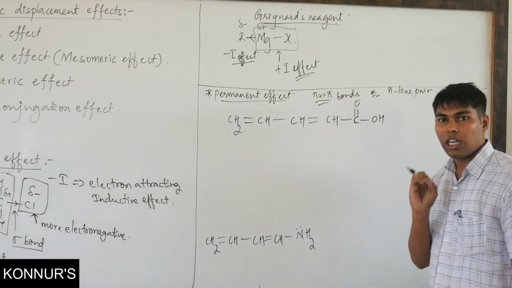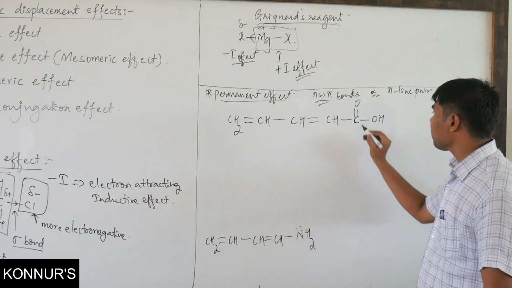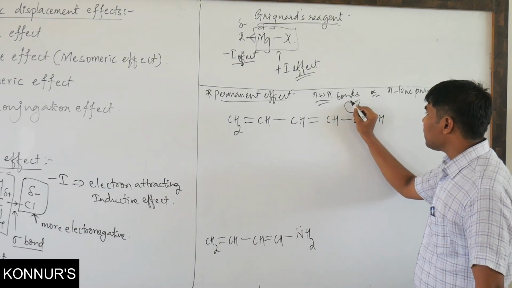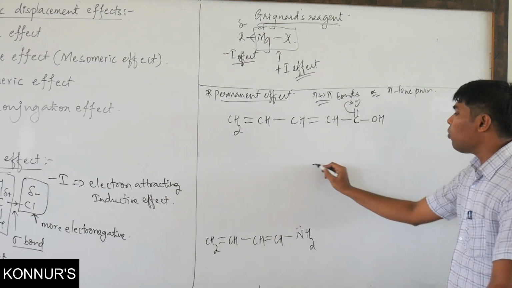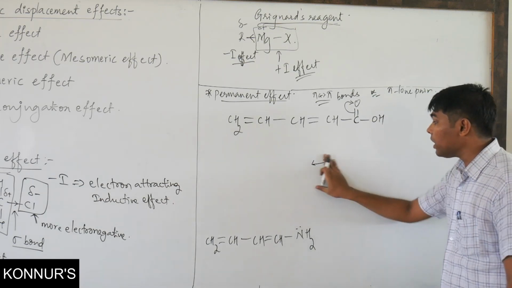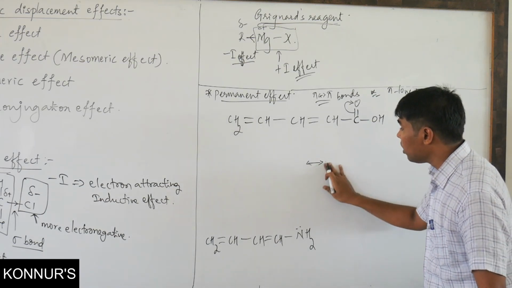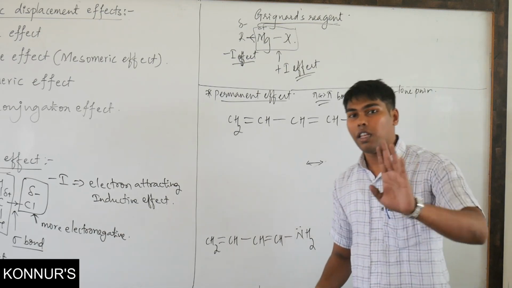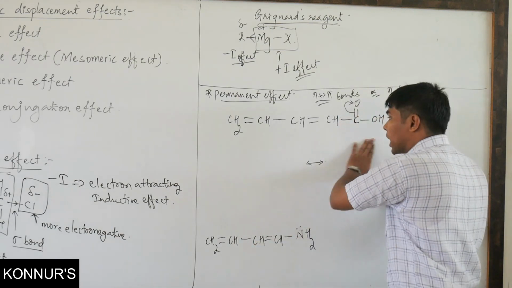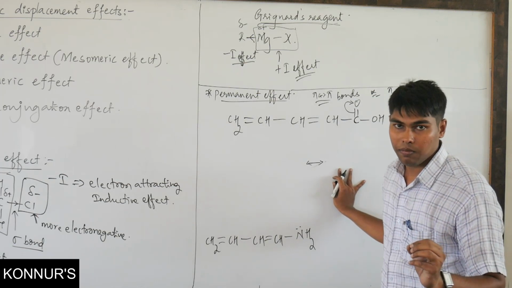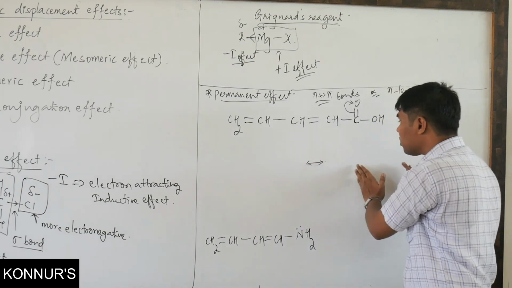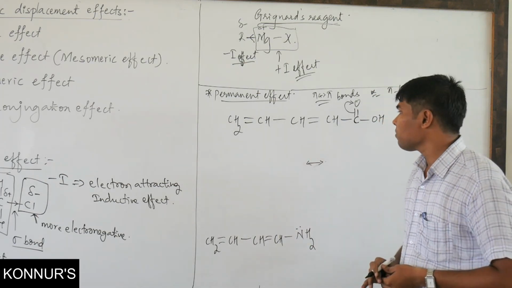In this case, oxygen is the more electronegative atom. So the bonded pair is shifted towards the oxygen. I am writing the resonance structure of this. Resonance structure is nothing but displacing the electrons according to their nature and writing the resultant structure. That is the resonance structure.